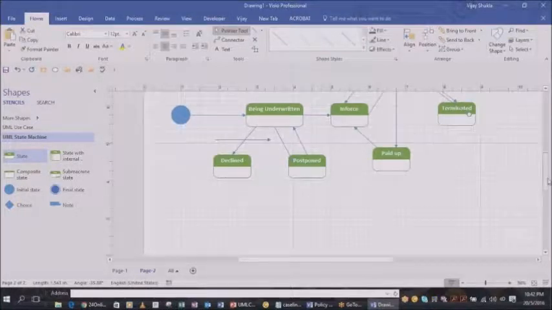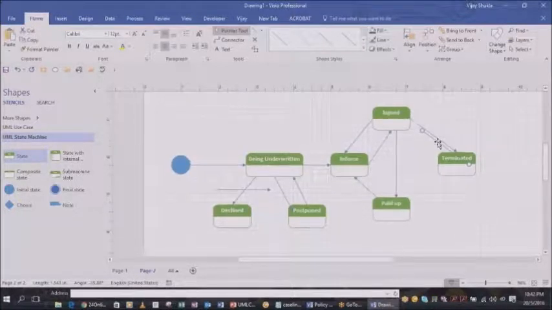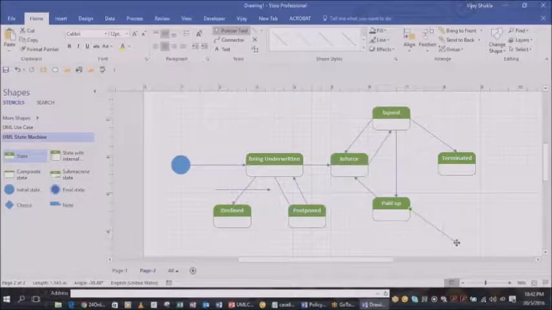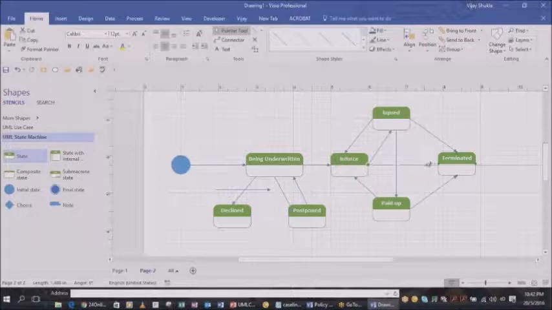Paid up policy can get terminated when the time period for the policy is over. Enforced policy can get terminated if there is a death claim or if the time period for the same is over.